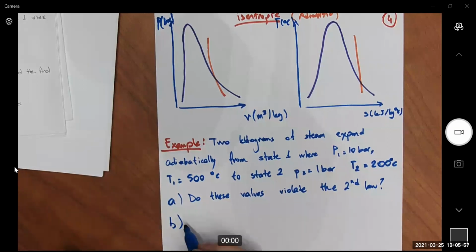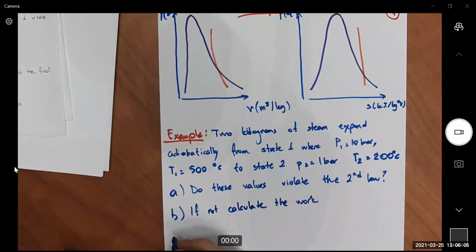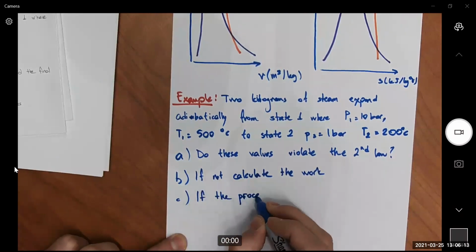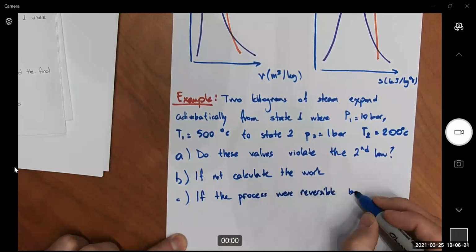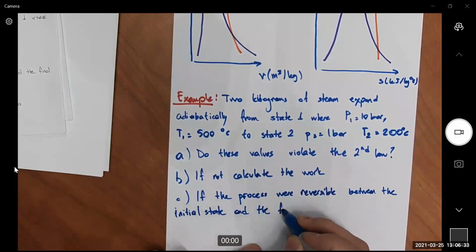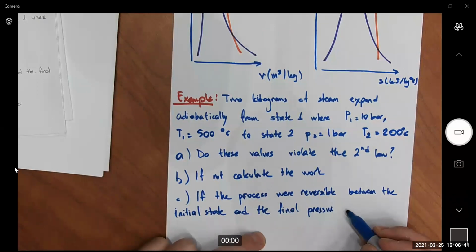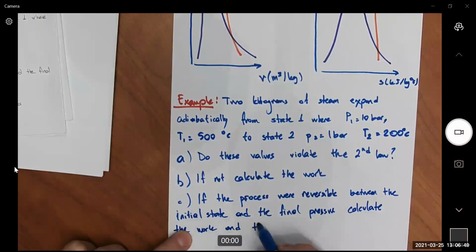Okay? B, if not, calculate the work. C, if the processes were reversible, between the initial state and the final pressure, calculate the work and the final temperature.